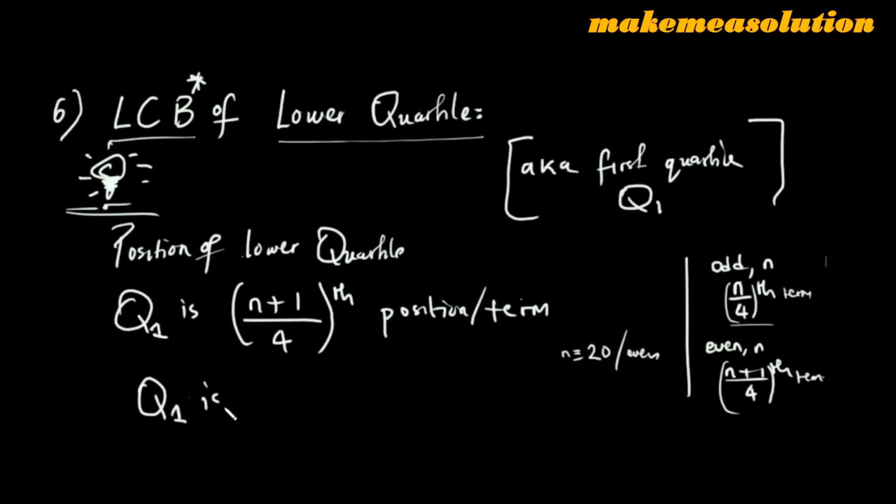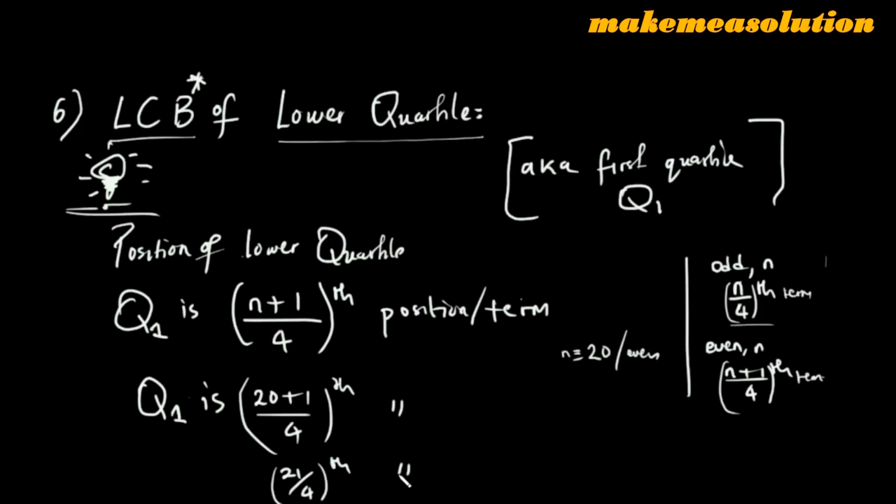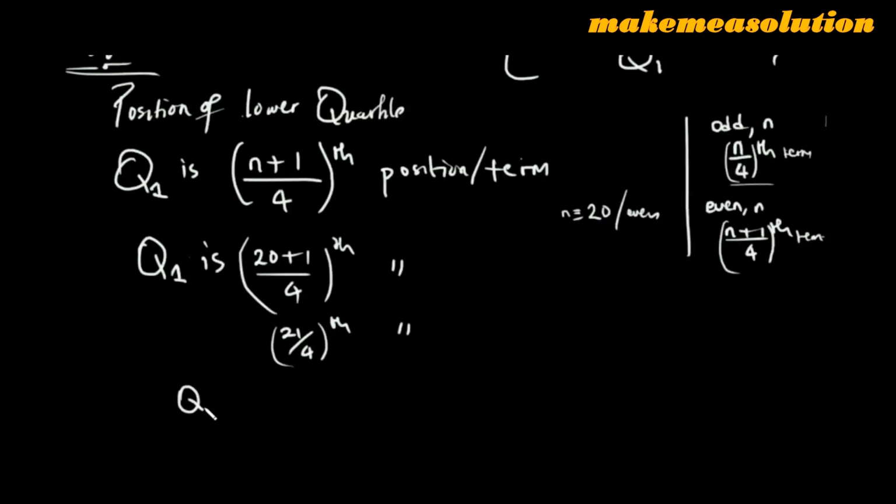So the first quartile is located at 20 plus 1 over 4th position, which gives me 21 over 4th position, which gives me that the first quartile Q1 is what? Very good. 21 divided by 4 is 5.25 position. So Q1 is at the 5.25th position.